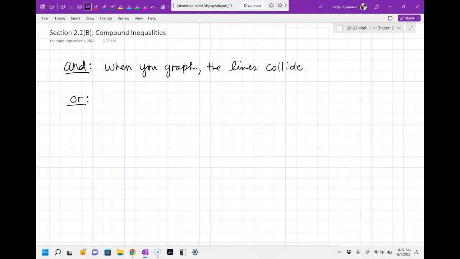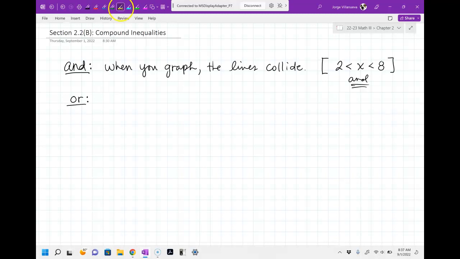Now, sometimes they don't say the word and, but the symbols they use mean the word and. What do I mean by that? If you see, let's say, an inequality that looks like this, this is an and, because the inequalities are pointing left.